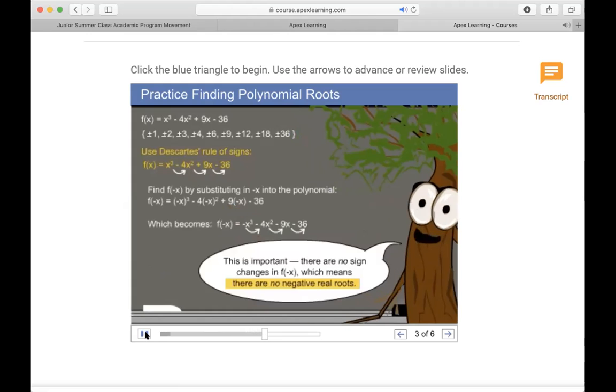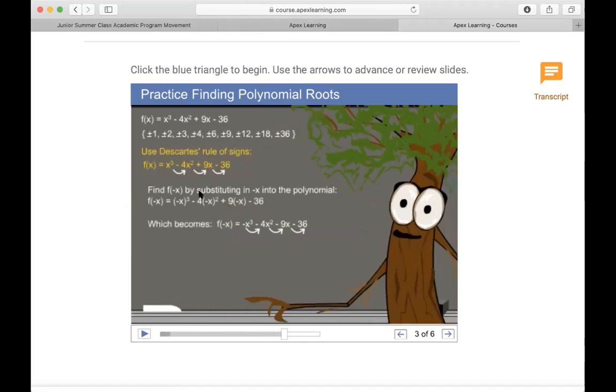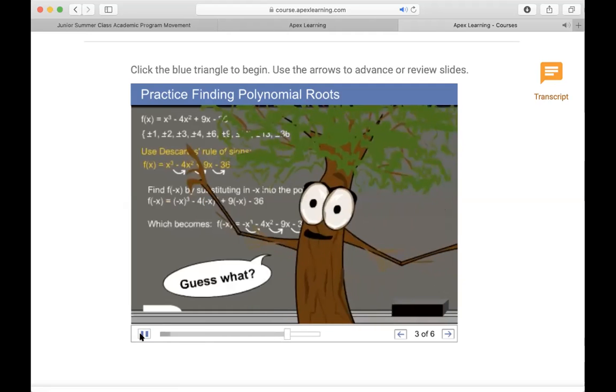Now, I can then plug in negative x, right? So that was that next rule. So if I plug in negative x into this equation here, I'm then going to solve and simplify, and then I'm going to look at where these signs change. So I've got negative, negative, negative, negative.